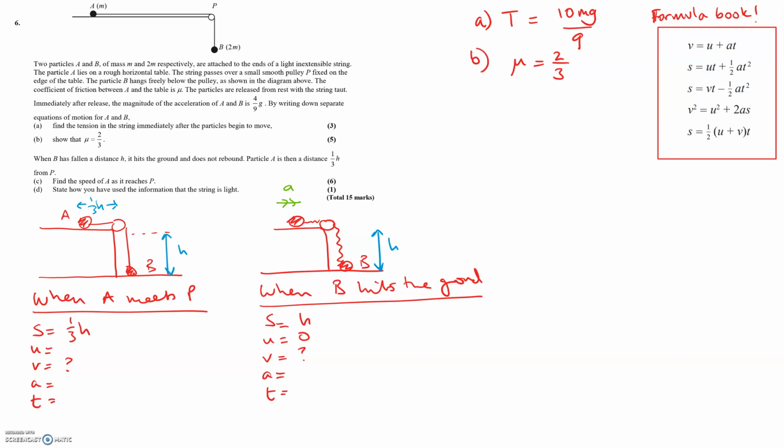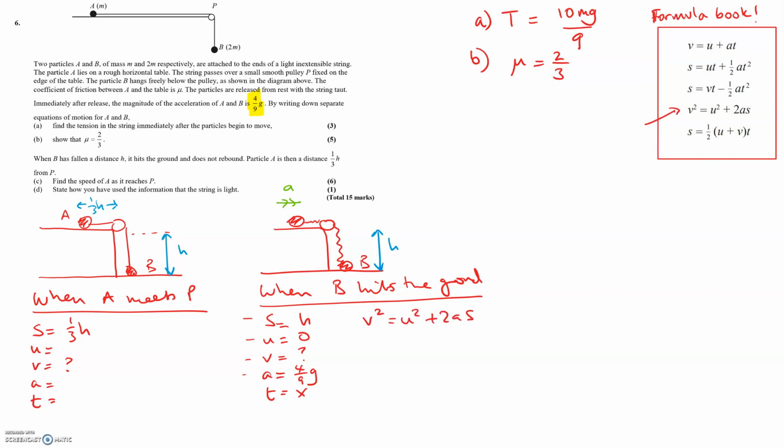I know that it was accelerating at 4/9 g, because that's what we were given in part A. Time I'm not worried about, so I'll forget that. And the equation I want to choose is this equation here, because of the quantities that I'm looking at.